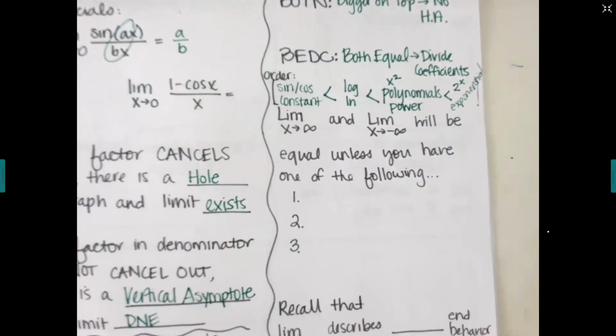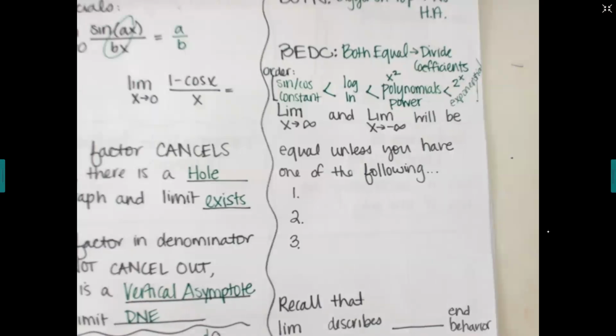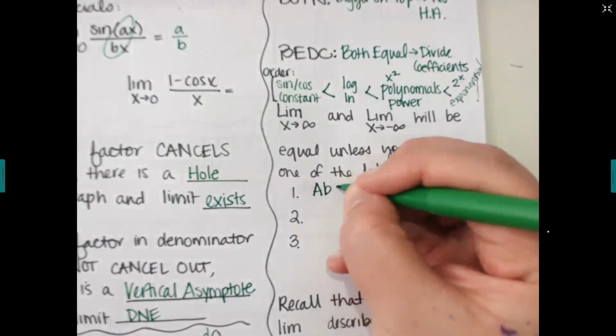Okay, next little bit on this. It doesn't matter if you're doing x to infinity or negative infinity, because usually those are going to come out the same. The only time those won't come out the same is if you have one of three types of, I call them weirdo functions. The first one is absolute value.